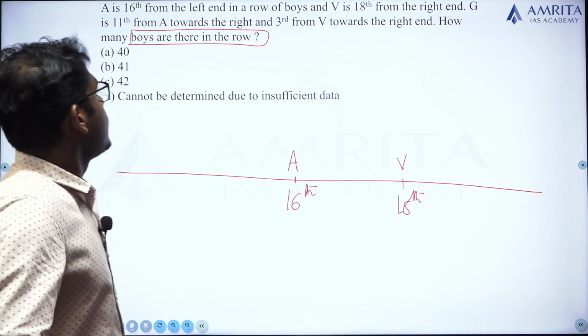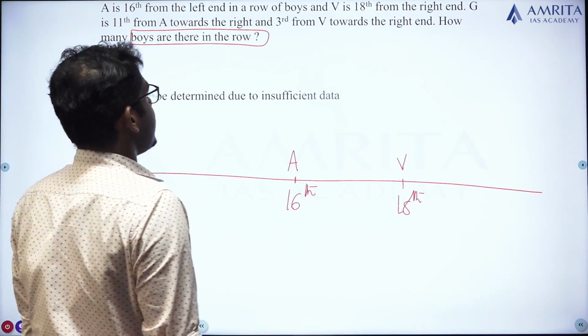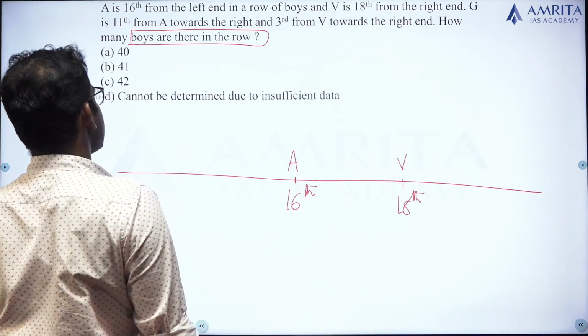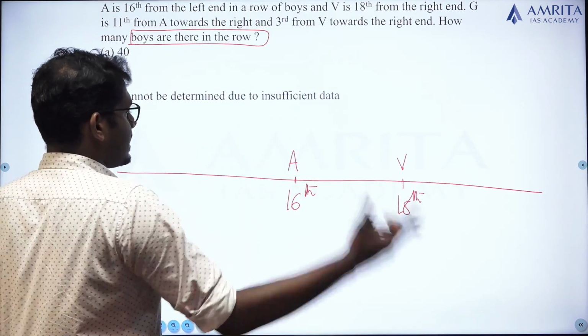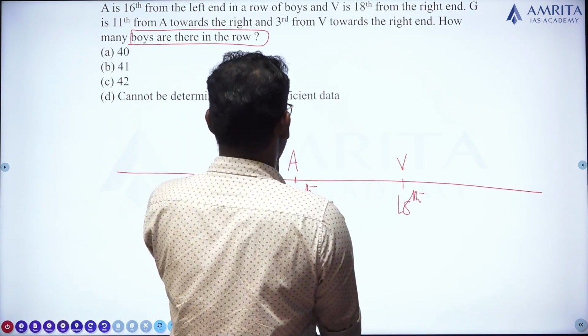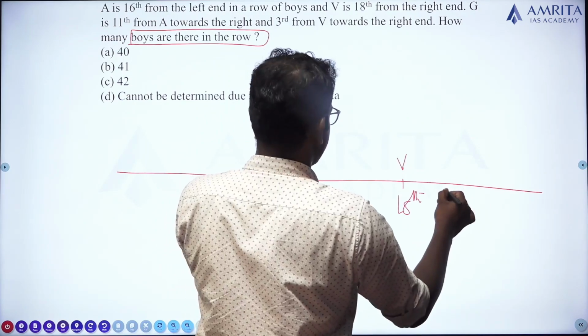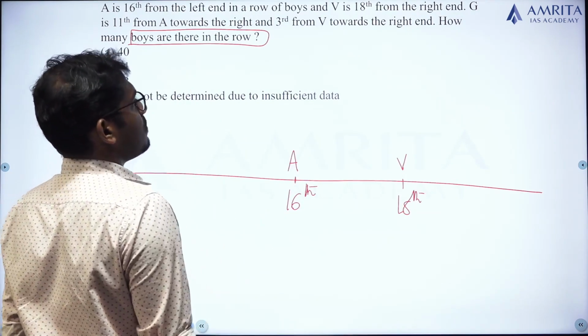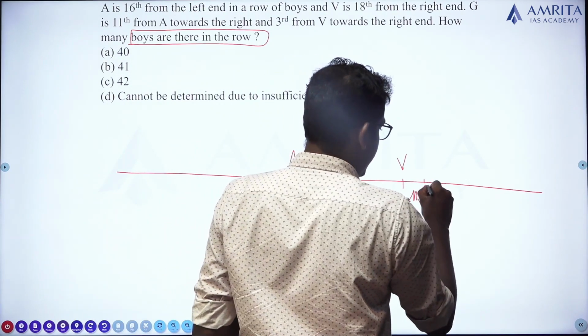Clear? Okay. A is 16th from the left end in a row of boys and V is 18th from the right end. G is 11th from A towards the right end. And G is 3rd from V towards the right end: 1, 2, 3.